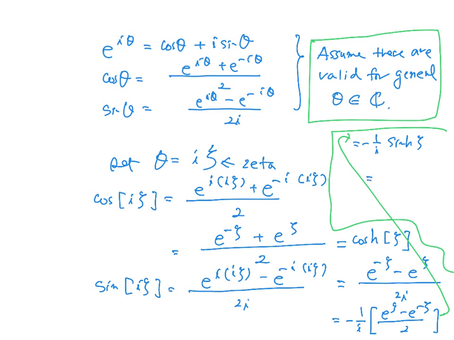And 1 over minus I is actually the same as I. So we have cosine I zeta is the same as cosine hyperbolic zeta. Sine I zeta is the same as I sine hyperbolic zeta.